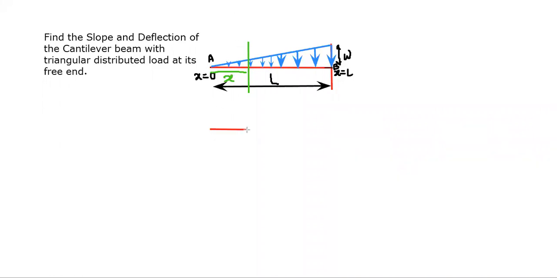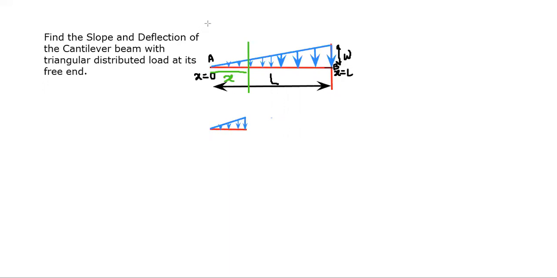So this is x, and it is subjected to the triangularly distributed load, and the distribution of load is like this. Overall it has a triangularly distributed load over it.